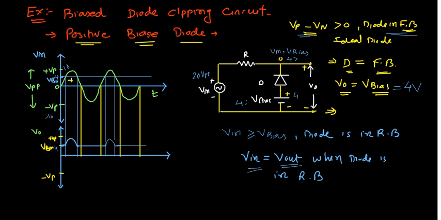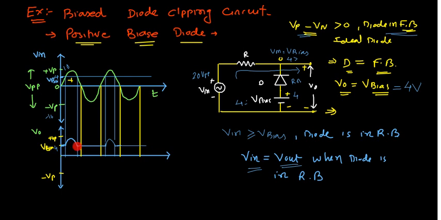So this diode is going to get in reverse bias. That means this input is directly available over here. So that is nothing but V input equal to V output. So this is V input equal to V output up to this point.